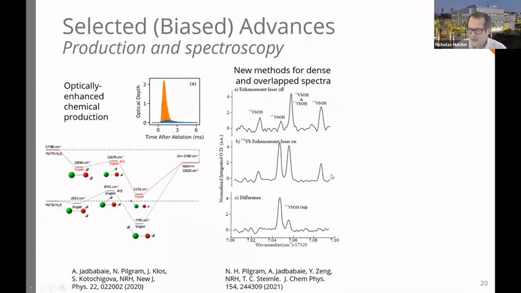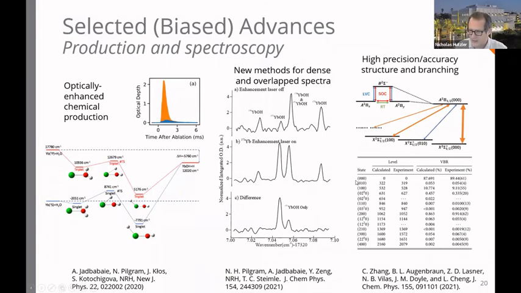And our poly-EDM collaborators combined very high precision and accuracy theory and experiment to look at these branching ratios, important for photon cycling, very carefully.